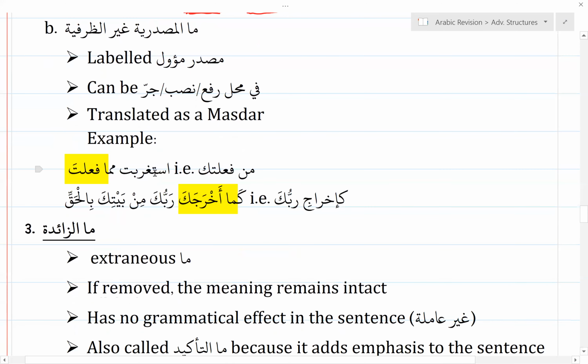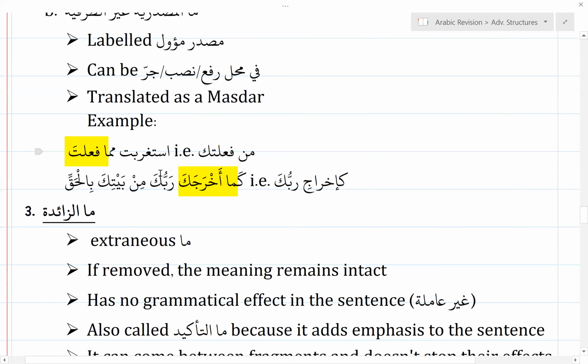Okay? So let's look at these examples. استغربت مما فعلت. So this is min plus ma. مما فعلت. I found it strange. استغرب يستغرب means to find something strange or to be perplexed.